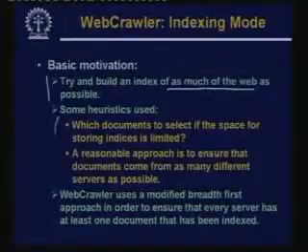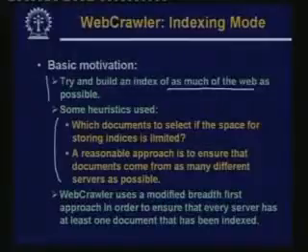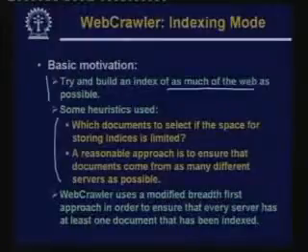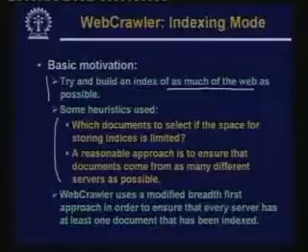So based on this criteria, the web crawler uses a modified version of the breadth first search approach in order to ensure that every server has at least one document that has been indexed. So it is basically breadth first search, but not across pages, but across websites.